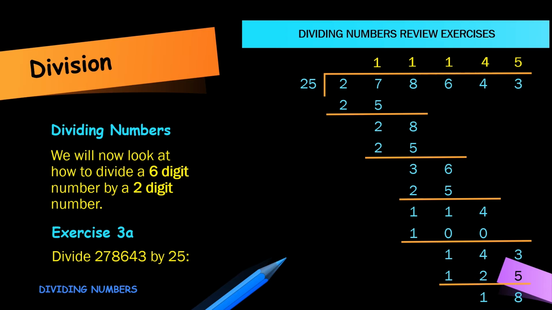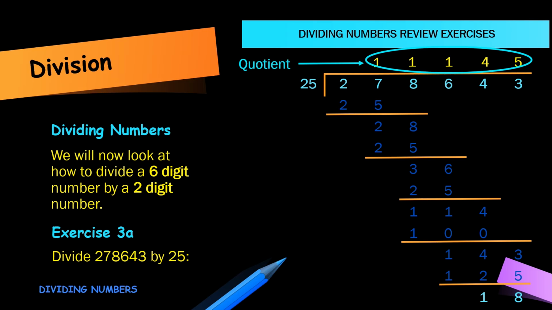So dividing 278,643 by 25 gives 11,145, remainder 18. So we have that the quotient is equal to 11,145 and the remainder is equal to 18.